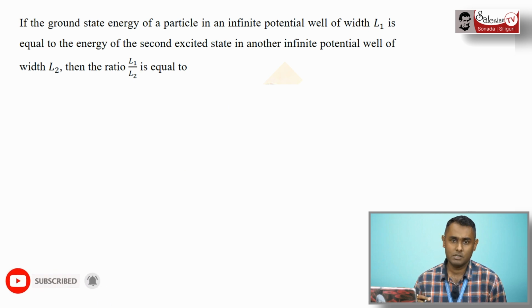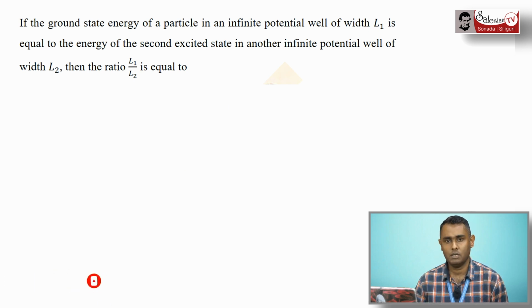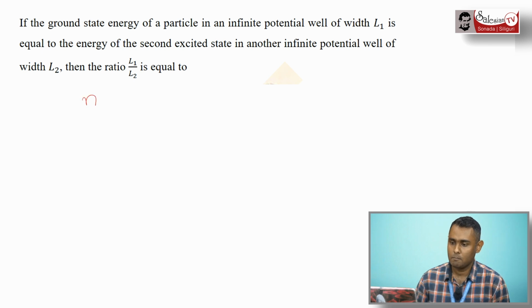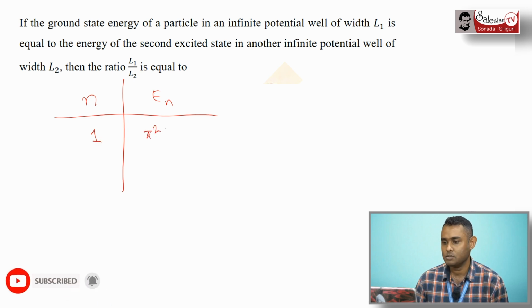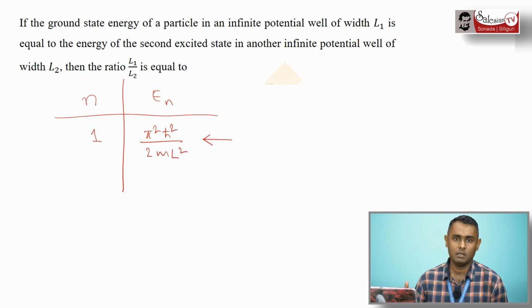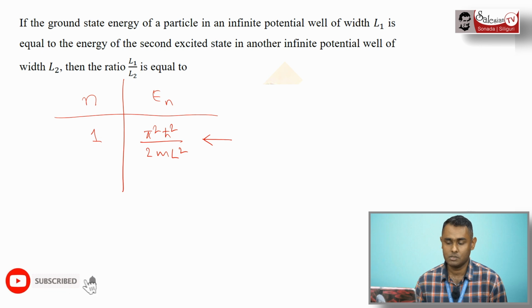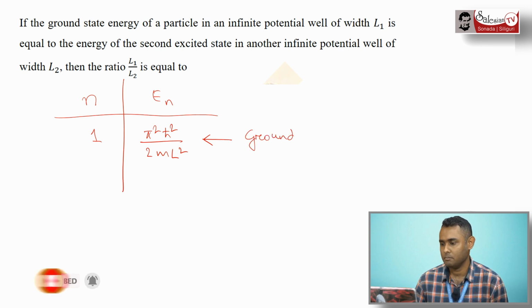Now I will give a list of n values and the corresponding energy eigenvalues. For n equal to 1, we will have the energy eigenvalue equal to pi square h cross square by 2m L square, and this is the lowest possible energy that the particle can possess while it is inside this well, and we will call it the energy of the ground state.